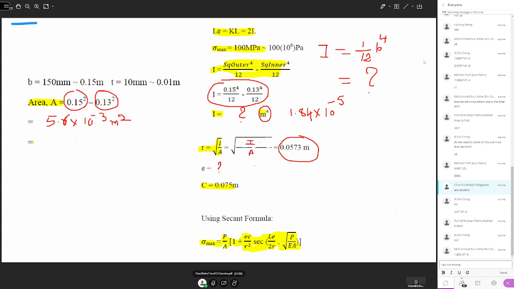So what will be the eccentricity value for this? Can someone give me the value for eccentricity?